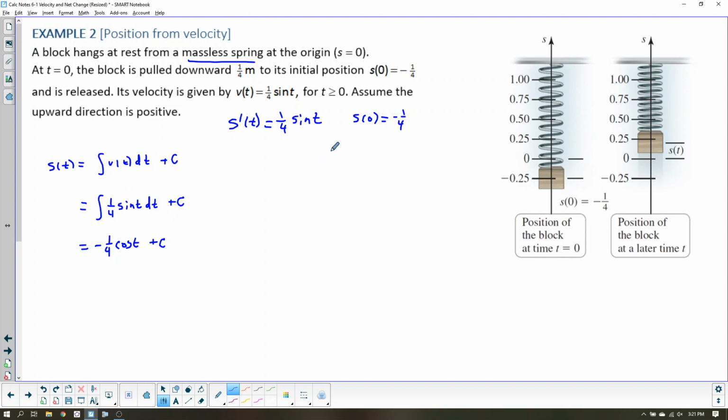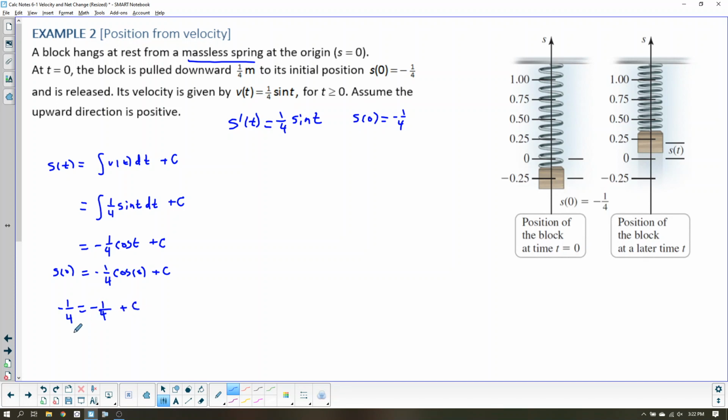All right, so now we use our initial condition, s of 0, plug 0 into this, -1/4 cosine of 0 plus c. But we know this is -1/4 on the left, and then we can start evaluating this. So -1/4 cosine of 0 is 1, so that's -1/4. A little messy.